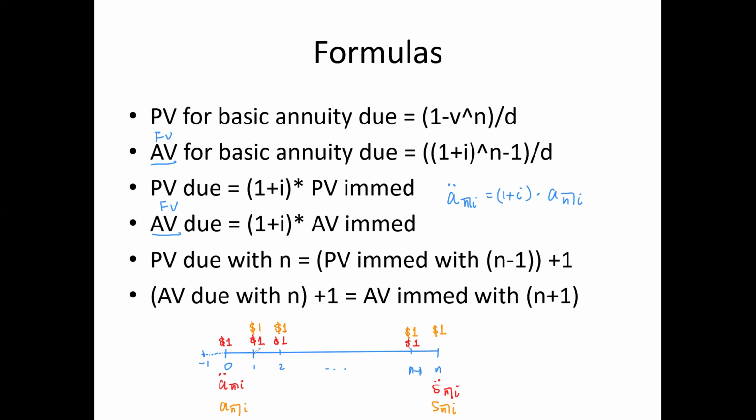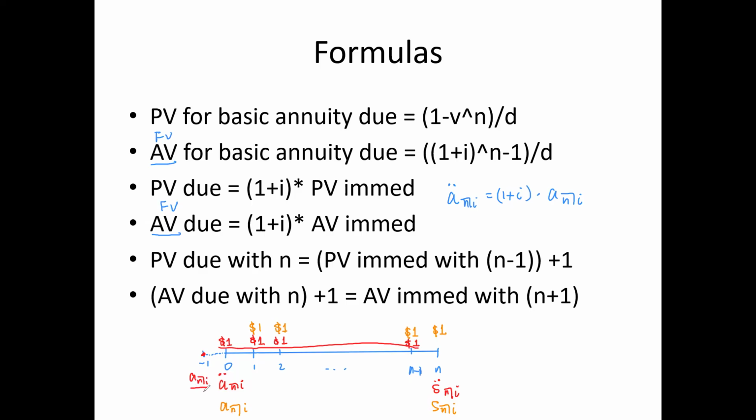For the red, so for these payments, I have A sub n angle I here at time -1, because if you look at this cash flow, at this time you have the annuity immediate.